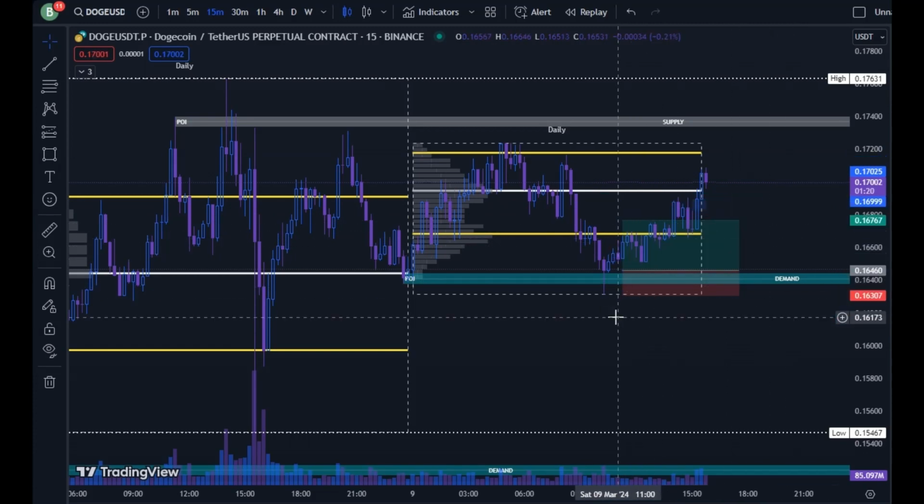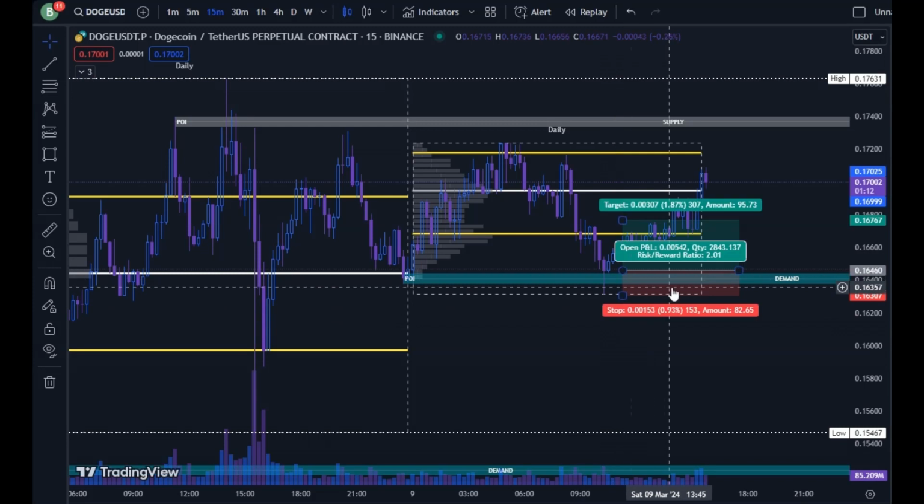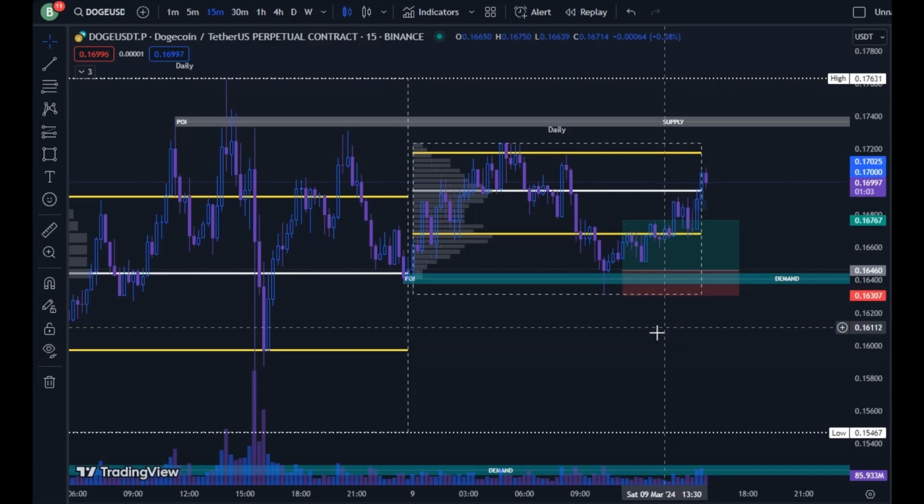I've won that trade within half an hour from 10:30 when I took the long. I've won the trade at 2 o'clock, so I've been in the trade a few hours, but I've won the trade.